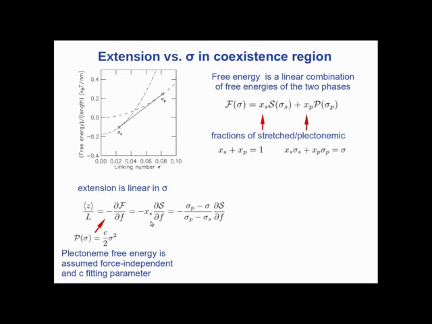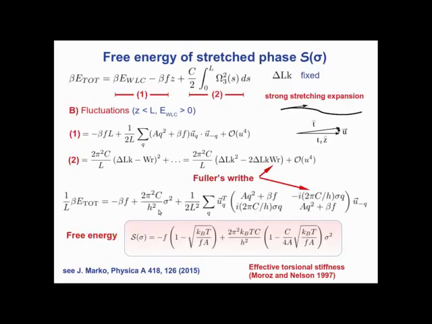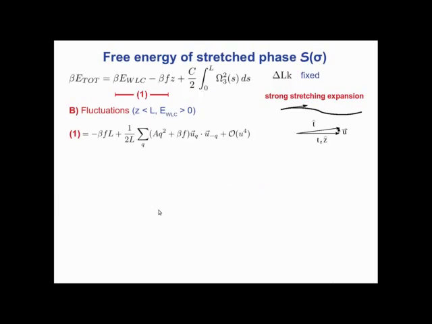Actually, a very intuitive formula comes out. If we go back a couple of slides, have a look at this formula. It is telling us that the extension is the fraction of stretched phase times the extension of the stretched phase, which makes a lot of sense, because the plectonemic phase does not contribute.